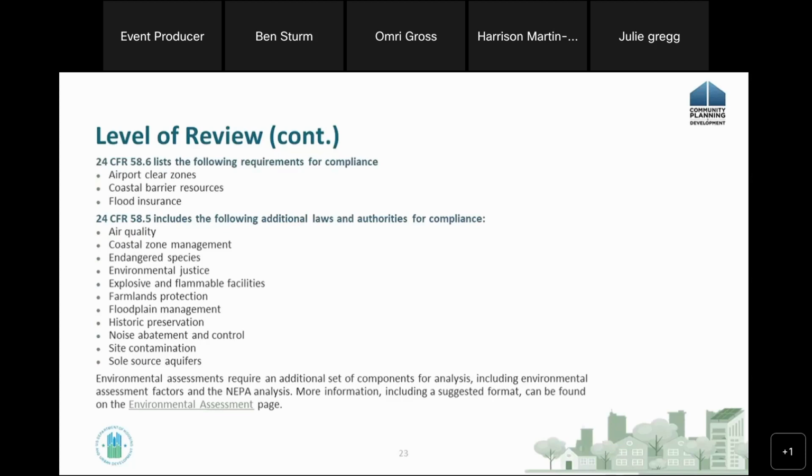Environmental assessment factors take into consideration land development, how the project fits into the community, site safety, community facilities and services, including infrastructure, natural features, and socioeconomic conditions. More detail on both the related laws and authorities and environmental assessments is provided on the HUD Exchange Environmental Review webpage. So let's move on to the different levels of review.